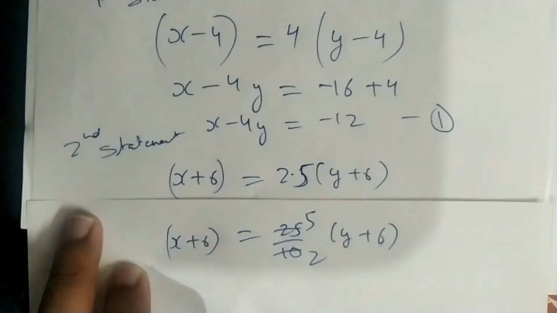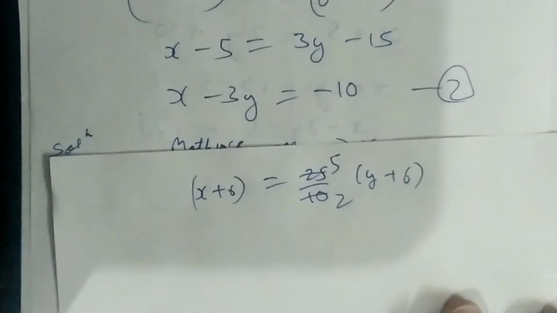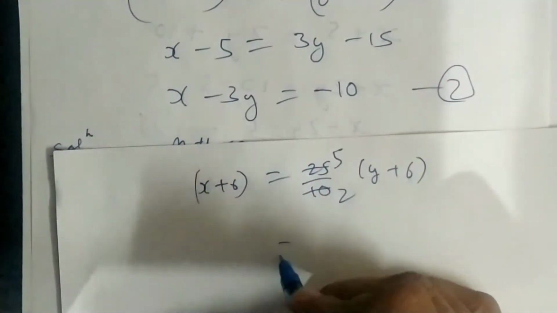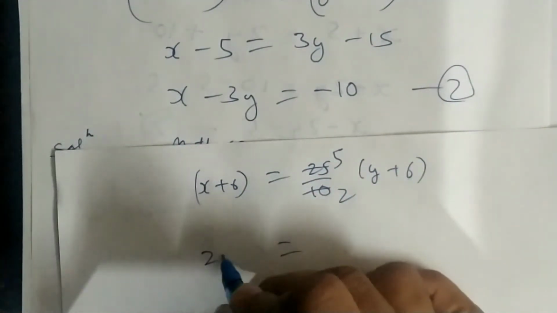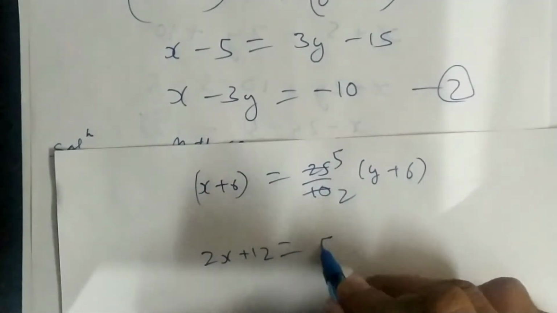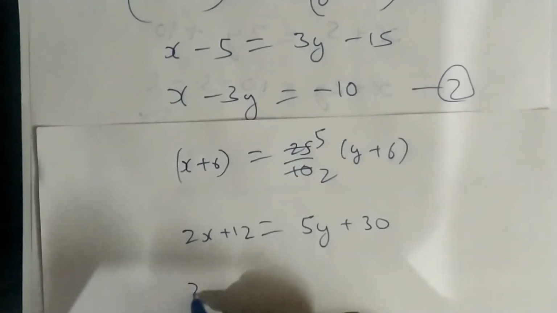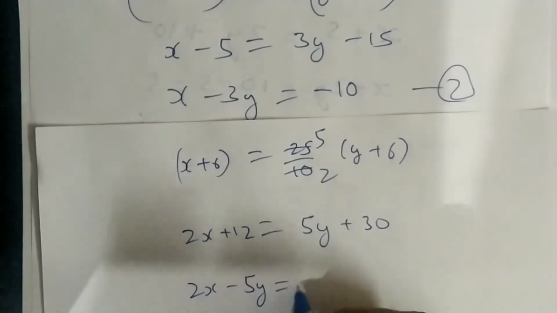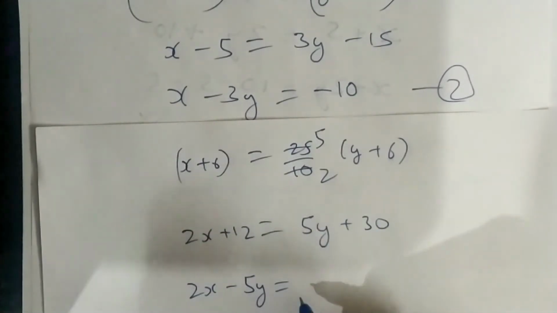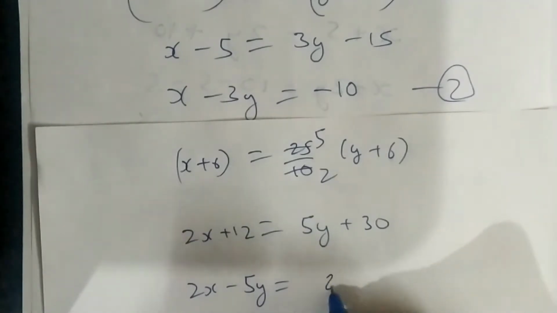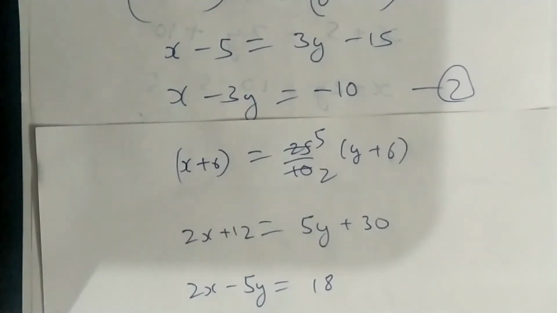From here we can obtain the second equation. Just cross multiply. 2x plus 12, 5y plus 30. 2x minus 5y is equal to 30 minus 12, that is 18. So this is your equation number 2.